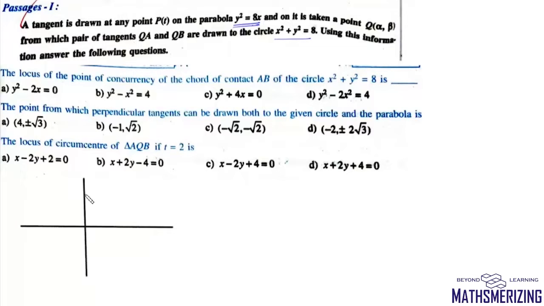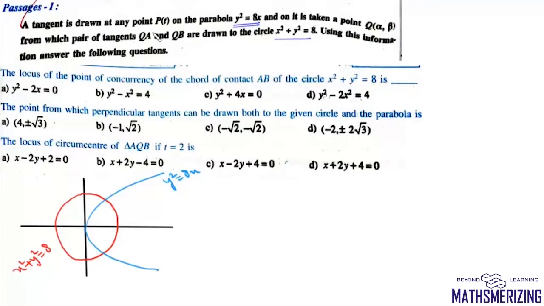So we have this circle, and then we have this parabola, that is y² equals 8x, and the equation of this circle is x² plus y² equals 8.